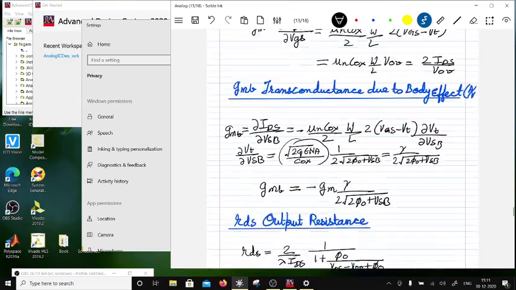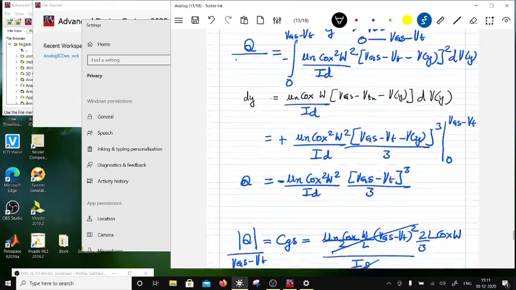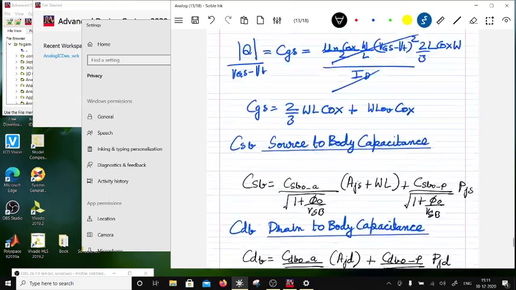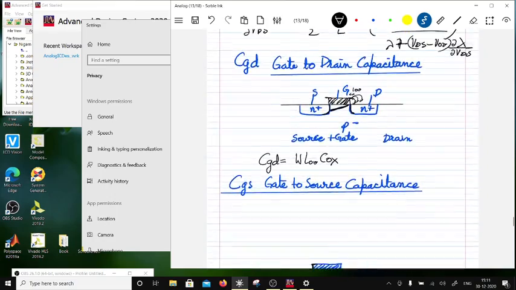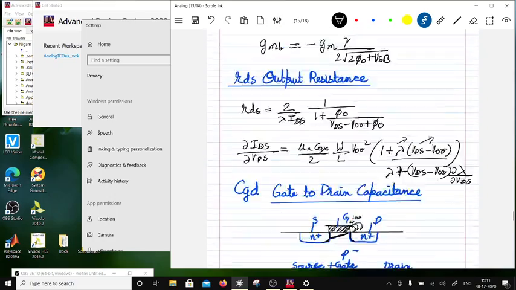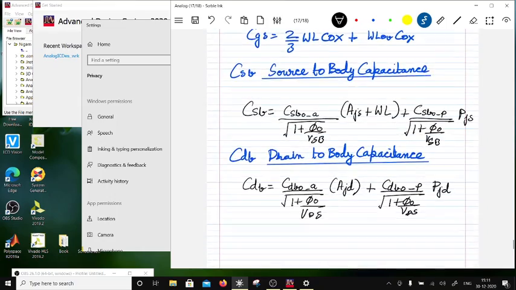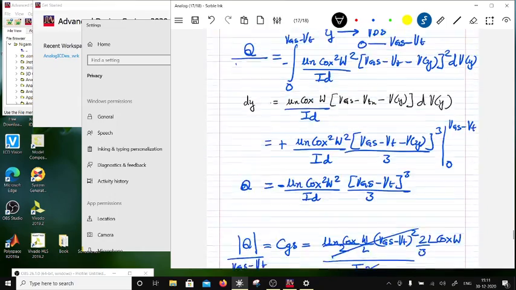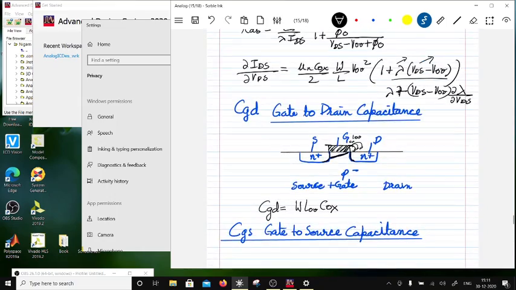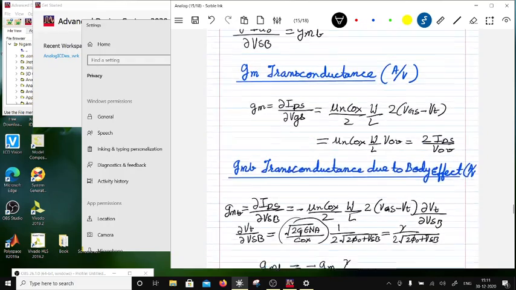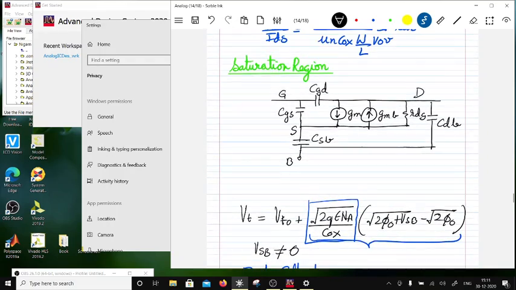MOSFET, right? So now in our analysis we do not have to include all the device capacitances, right? So for example, if I was to do just a gain analysis, right? So let's look at where is the small signal model. We just finished, yeah, this one.